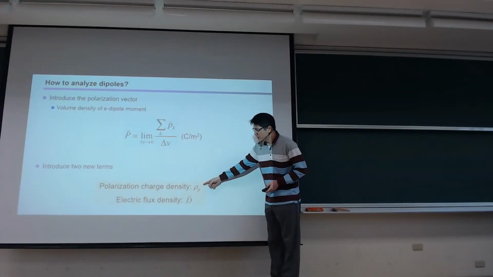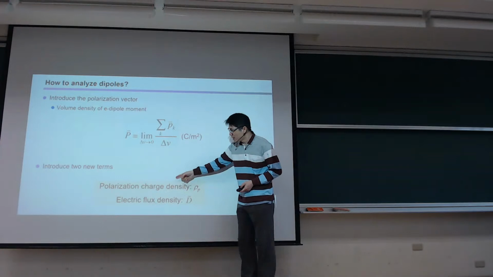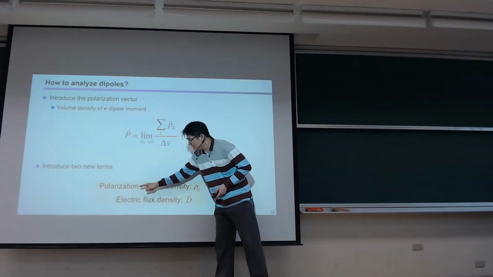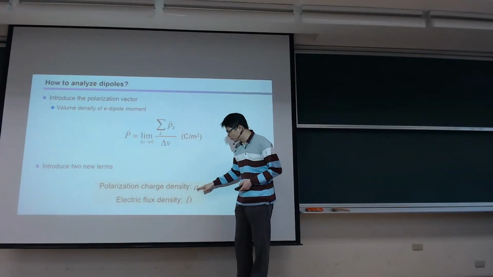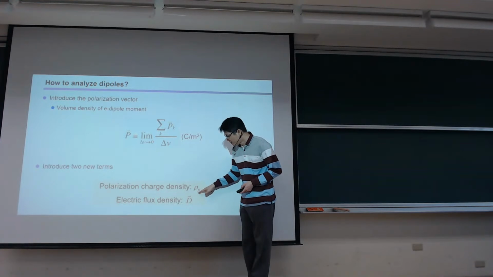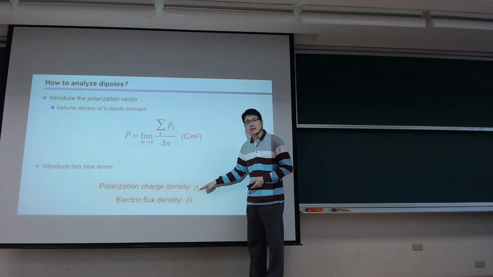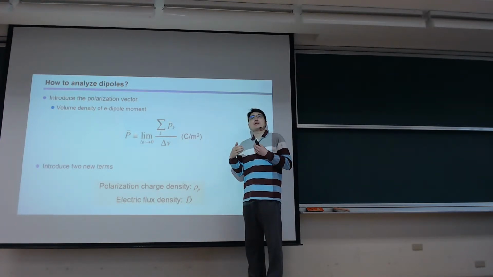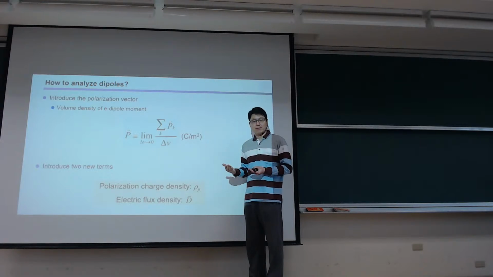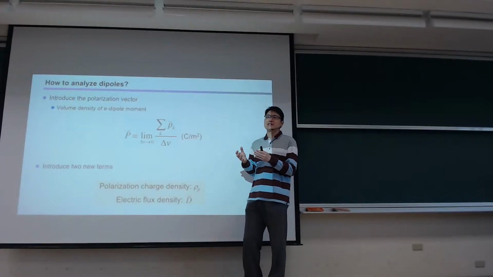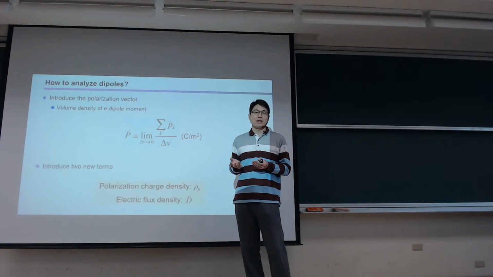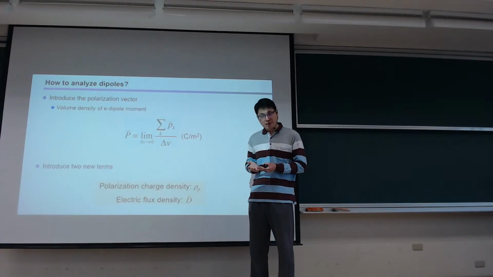So the first one is the so-called polarization charge density, rho P. The subscript P denotes that it is due to the induced polarization, and that can be viewed as a source of charge density.